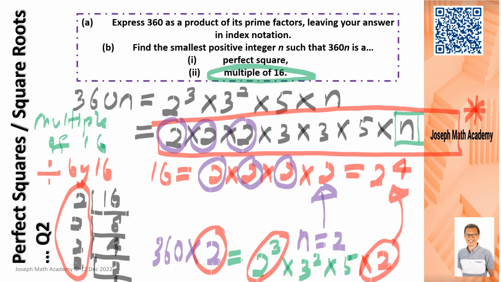That means there is a 16 in this new expression. So we can conclude that n must be 2. When n is 2, we already have 16 in the product of prime factors.